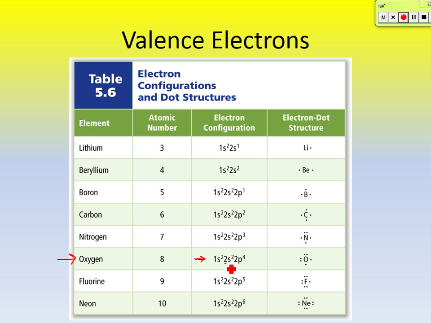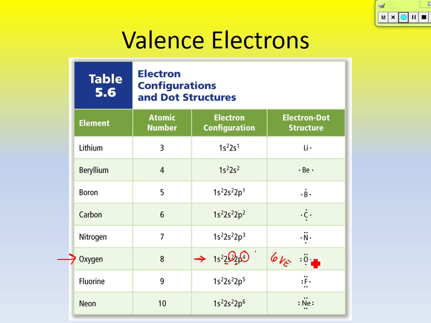Well, we have a 2 and a 2. So 2 is the highest energy level. If we add up those electrons in that energy level, we get 2 and 4. What's 2 plus 4? Well, that's 6 valence electrons. And so that's why you see 6 dots around oxygen. Okay?